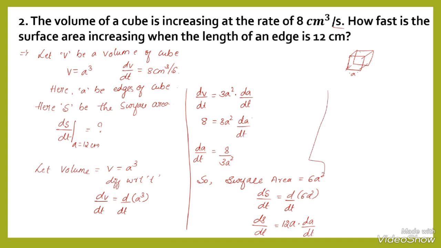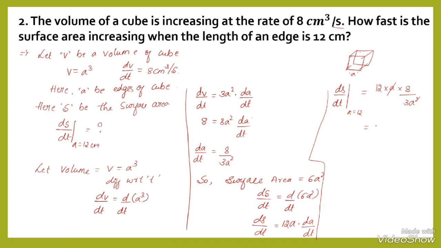I can substitute here dS by dt at a equals 12. Therefore, 12a into dA by dt, and dA by dt is 8 divided by 3a square. Here a gets cancelled.